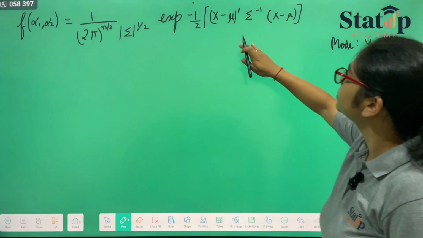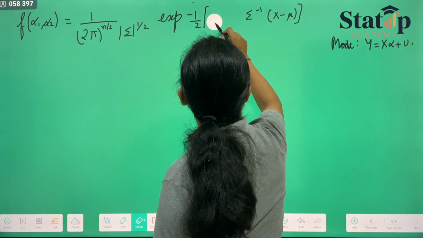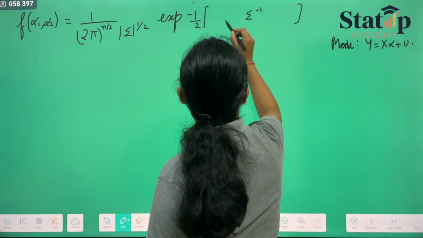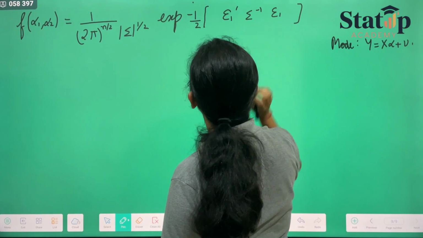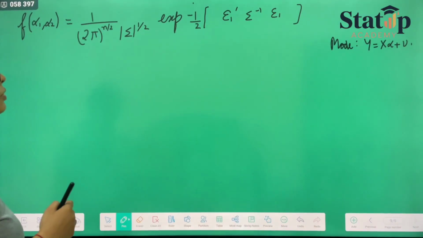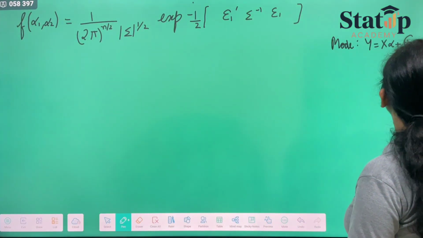So x minus mu will be nothing but epsilon 1 dash and epsilon 1. This will be our x minus mu. So here also it will be epsilon 1.